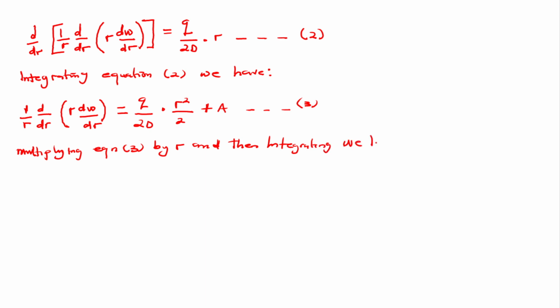when you integrate that, we have r dw over dr will be equal to q over 2D with r raised to power 4 over 8 plus A r square over 2 plus B. We could call this equation 4.